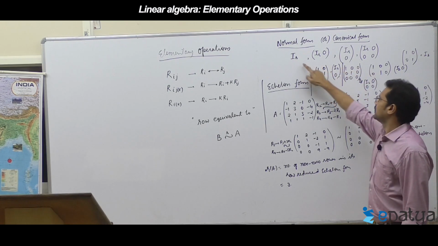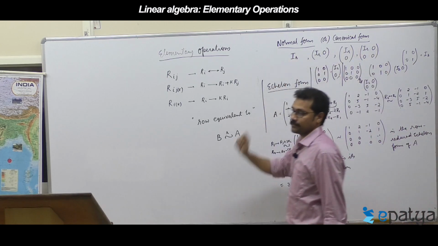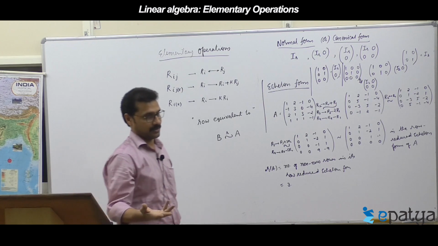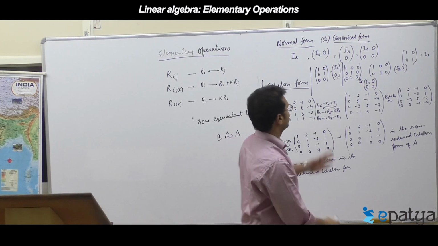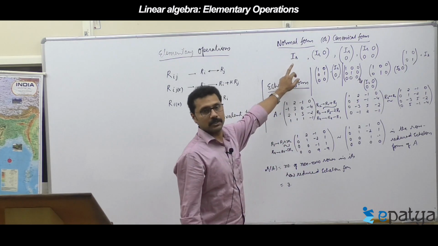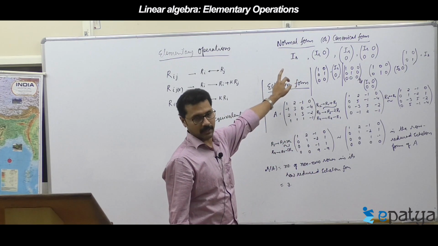So these are different varieties of normal forms for different orders and different ranks of a matrix. Now r gives me the rank of the matrix when you reduce it into normal or canonical form.